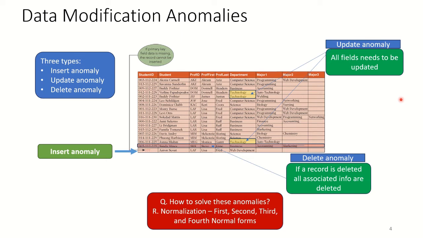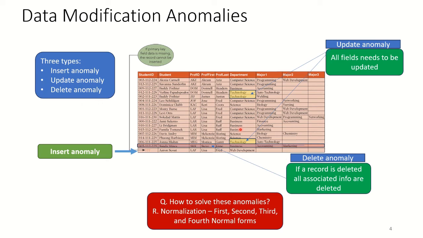For example, if this particular student, Sandra Mines, drops, or maybe the professor Steve Kim retires and a record with his name is deleted, the information about which students they advised will be gone, right? So basically, these are the main problems with this type of table design.